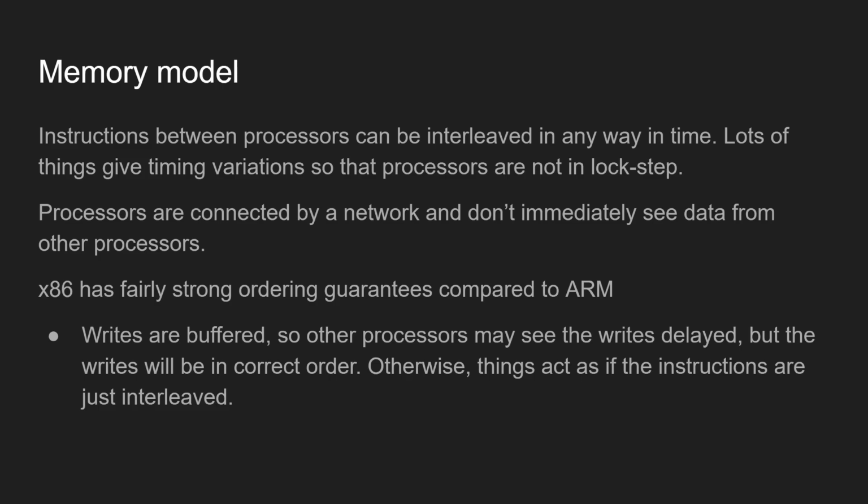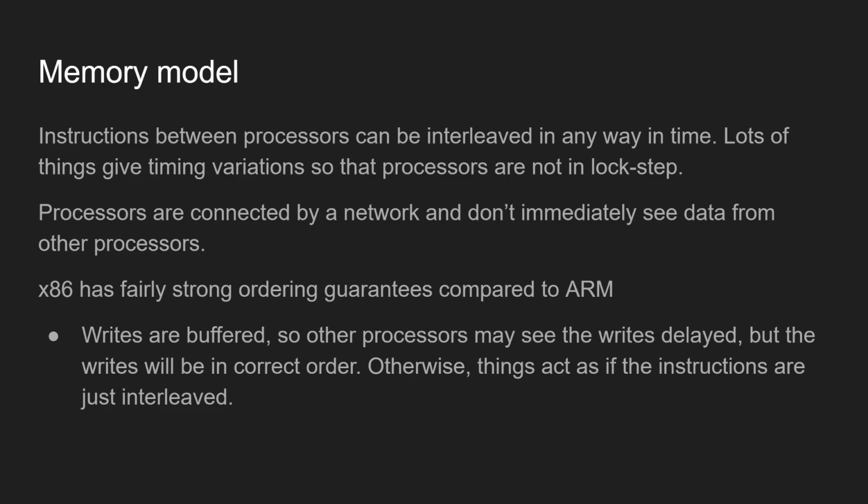So that's one source of how reads and writes might happen in an order that you don't quite expect, and is by itself what would be referred to as a sequentially consistent memory model if that was the only thing that affected it. Viewing parallel processing as being sequentially consistent, where the instructions between different processors just happen at arbitrary times, will get you a long way, but it's not the full story.